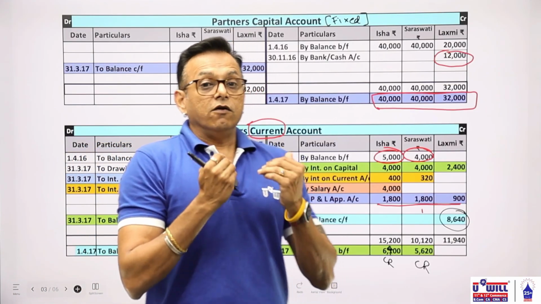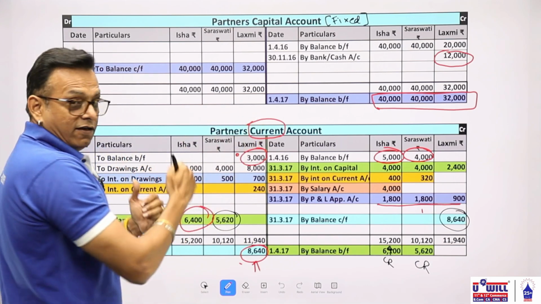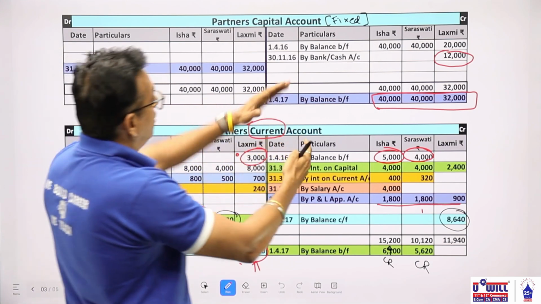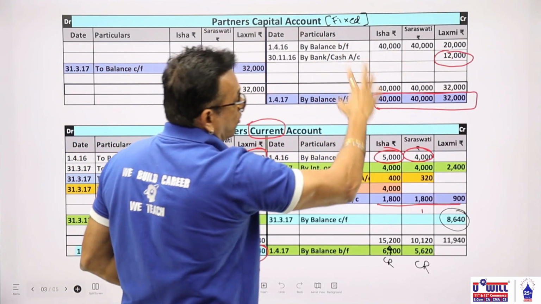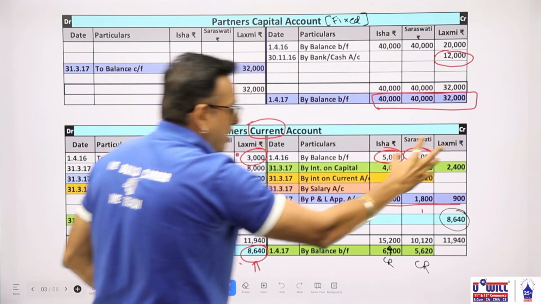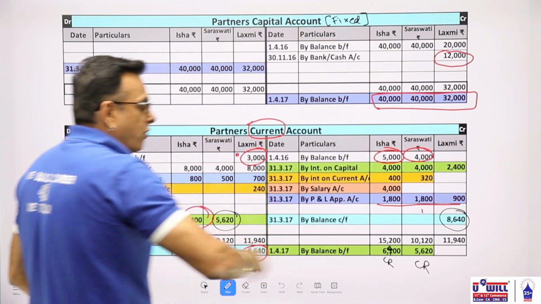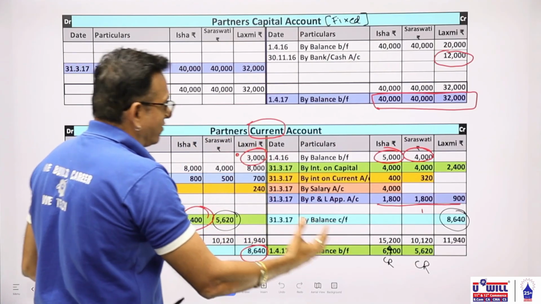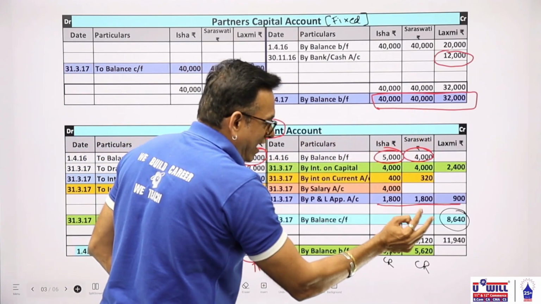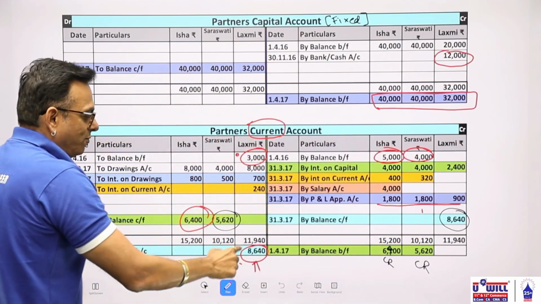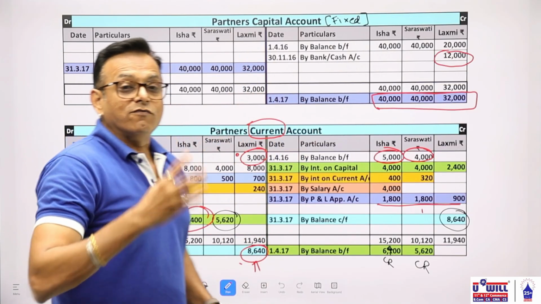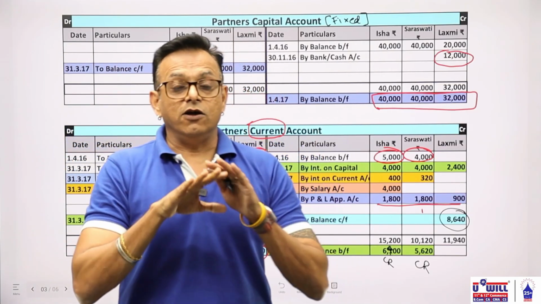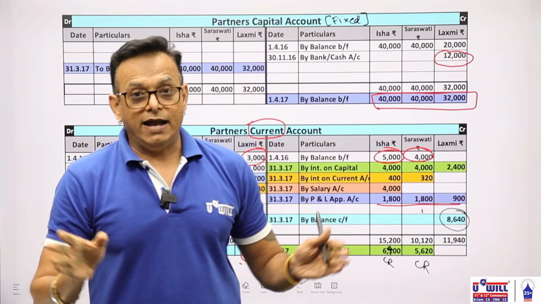Because here, if I am looking at the balance sheet made from this, I will say that yes, these partners originally invested so much, and now from what they generated in the business, Isha and Saraswati have a credit balance and Lakshmi has a debit balance. So the original amount invested by the partner does not lose its identity.